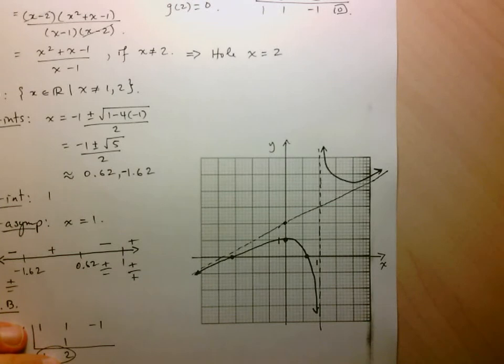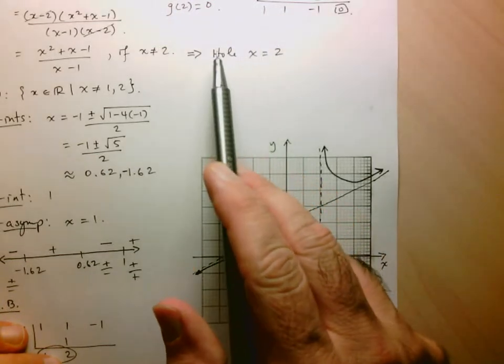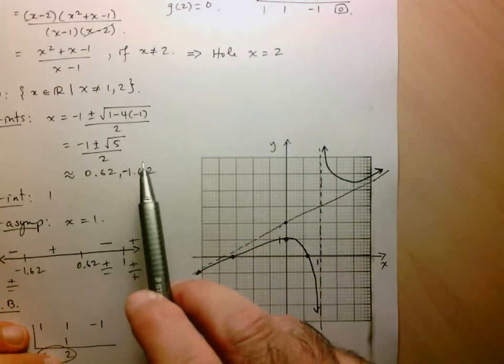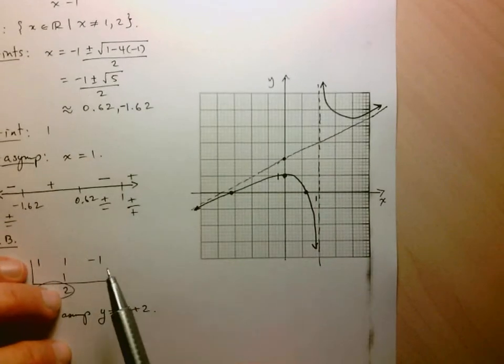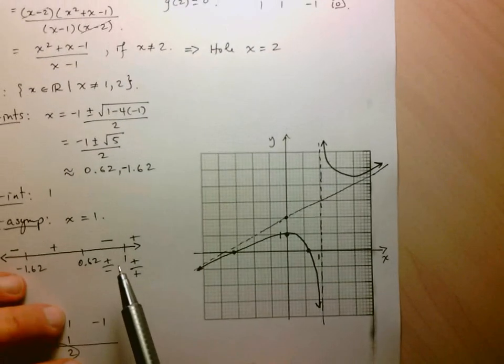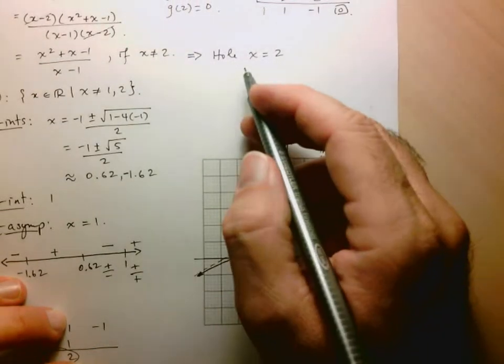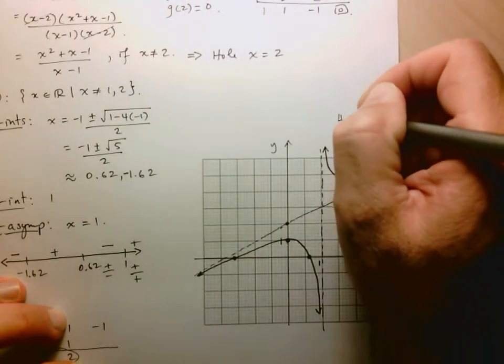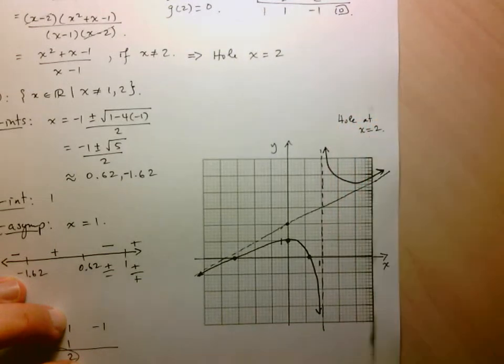Now if you remember in class, I suggested you indicate near your graph when there's a hole. It just so happened that my screen shows that hole, but imagine if my screen was like this, I might miss it altogether. So again, I'm going to reiterate that little hint about finding holes. Just write it near your graph so that you're going to see it as you're drawing your graph.